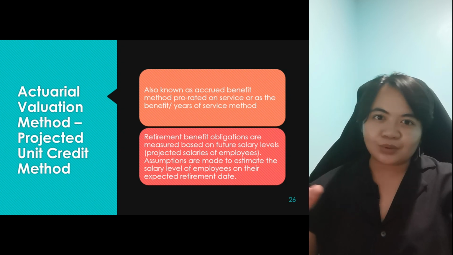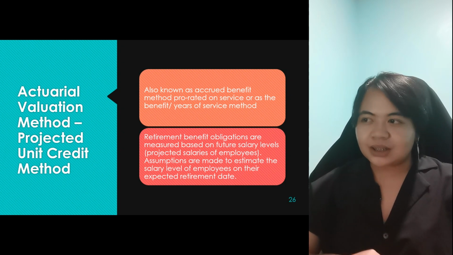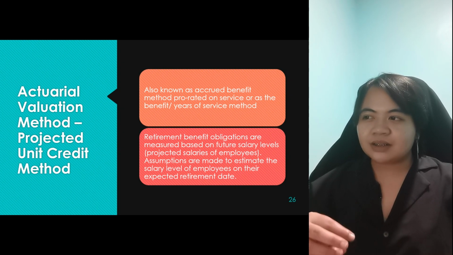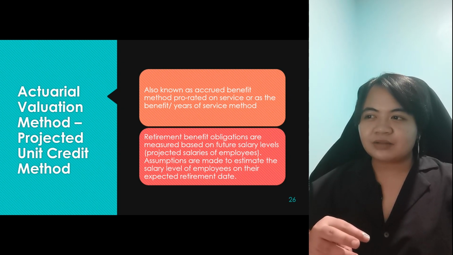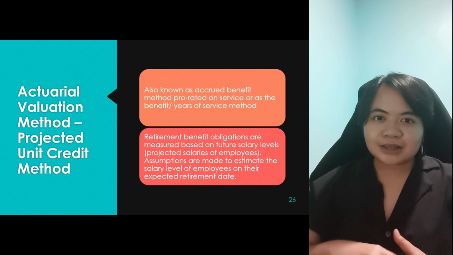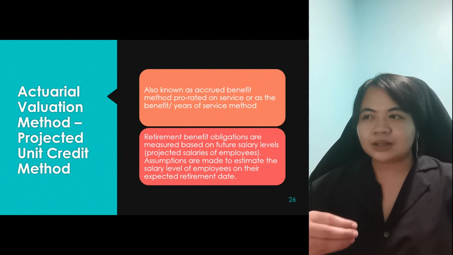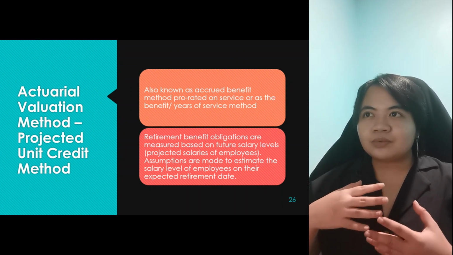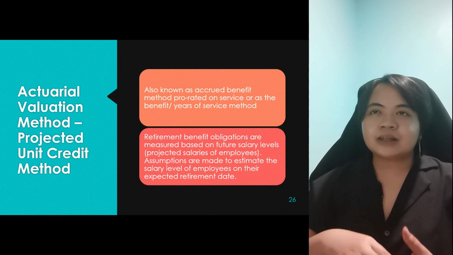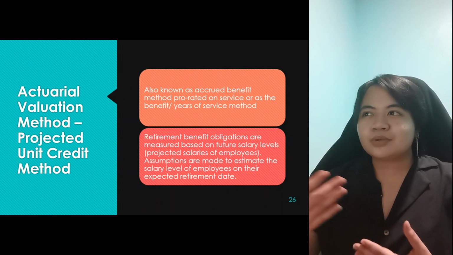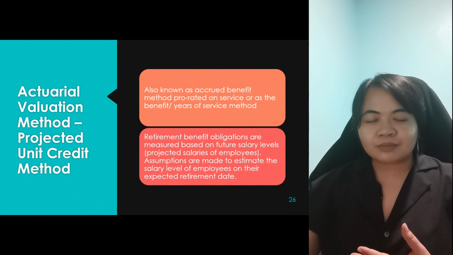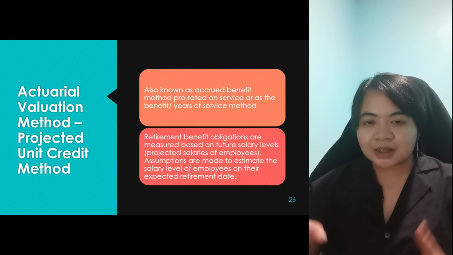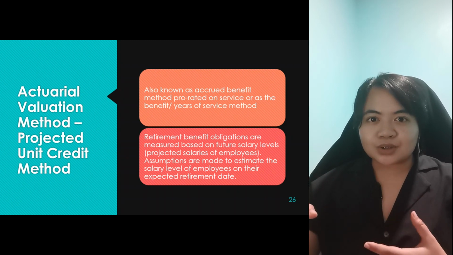Ito po ginagamit kapag you are measuring the retirement benefit using future salary levels or projected salaries of the employee. So, you are projecting, actually, assumptions are made to estimate the salary level of employees on their expected retirement date. So, ito, pagalingan ng judgment. Judgment accountant talaga. Wherein, titingnan mo yung trends, titingnan mo yung assumptions, titingnan mo yung possible performance of the company in the future, and yung future salary levels nila according to present conditions.